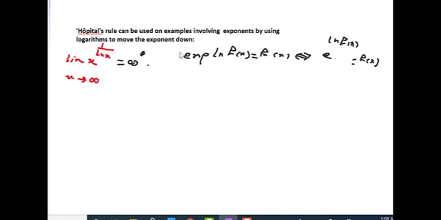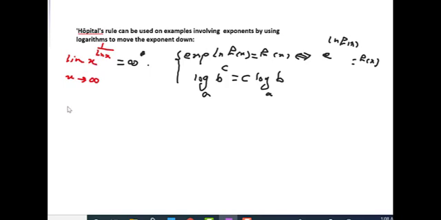And we also have another formula: the logarithm of b power c in base a is always equal to c times the log of b in base a. We can bring the exponent down here.